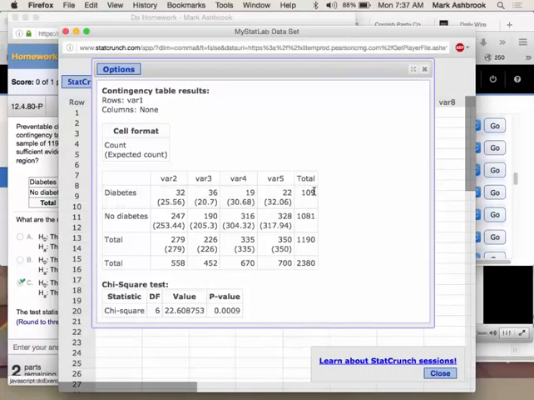We got the total diabetes percent out of that. We did 558 out of 2380 for this variable. And then we said all of these percents should be that same percent of their respective groups. If that percent doesn't change down the board, then there's no association.